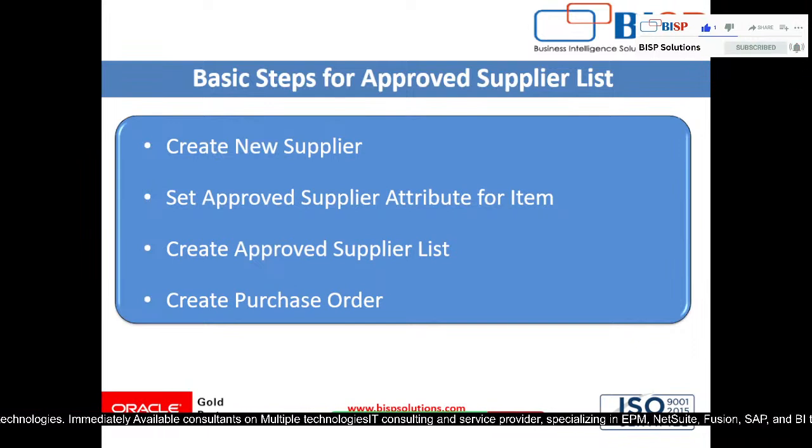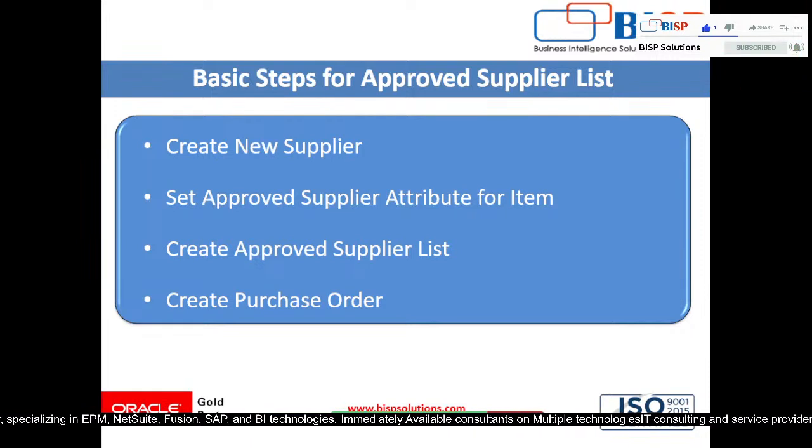No one else can provide the item to our organization, except this list of suppliers. So we have to define this supplier in the list so no one else can supply the item in our inventory. We have already seen how to create the supplier in our previous session.